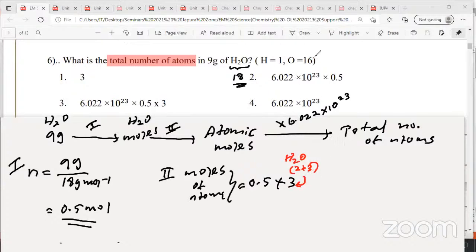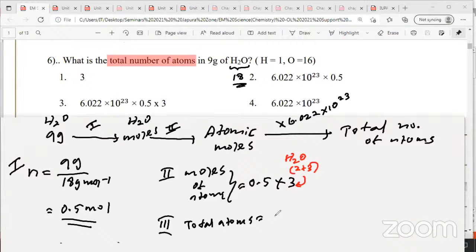Then after that, the last step. Next one, third step. Last step, you convert this into the total number of atoms. How to find the total number of atoms? Total atomic moles multiplied by the Avogadro constant.